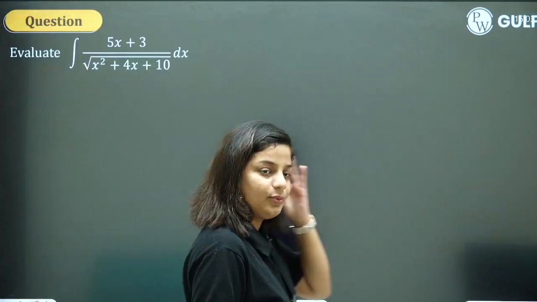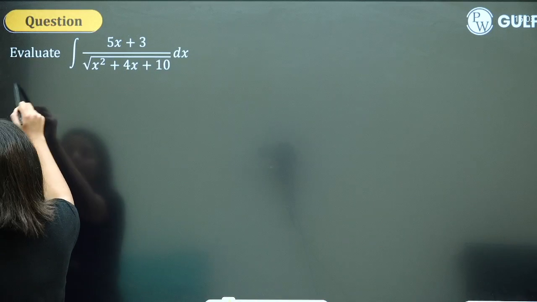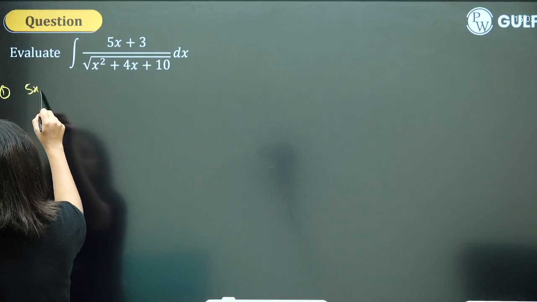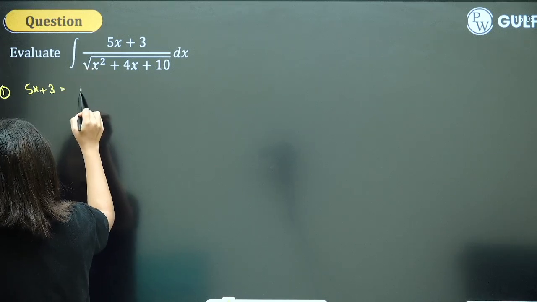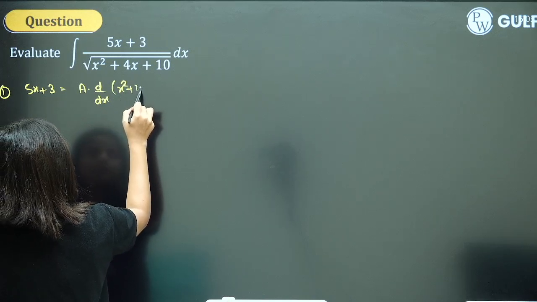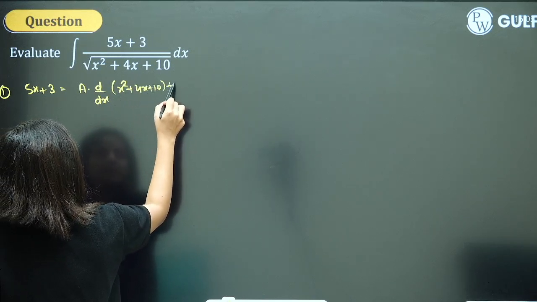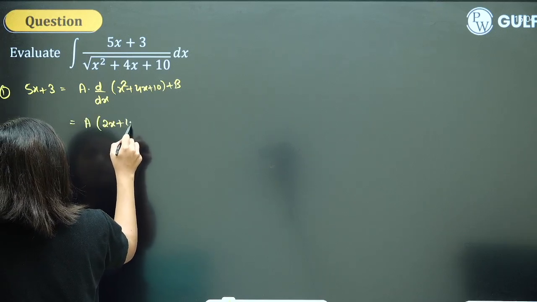All right, here is a question, linear by quadratic. Step 1, let us say linear is equal to a into derivative of quadratic plus b. What is the derivative of x square plus 4x? 2x plus 4 plus b.